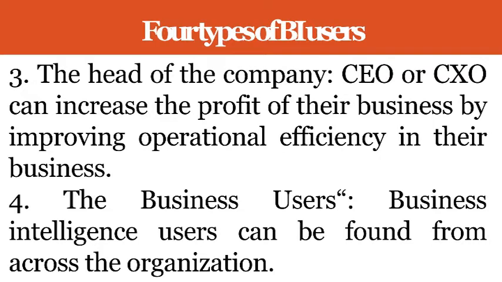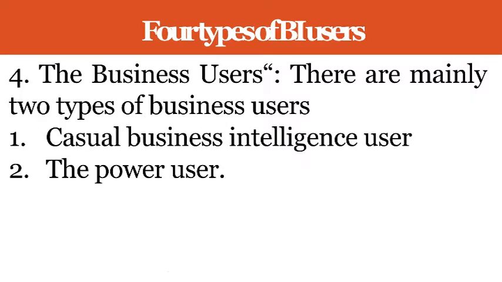Then we have the business users. Business intelligence users can be found across the organization. There are mainly two types of business users: the casual business intelligence user and the power user.